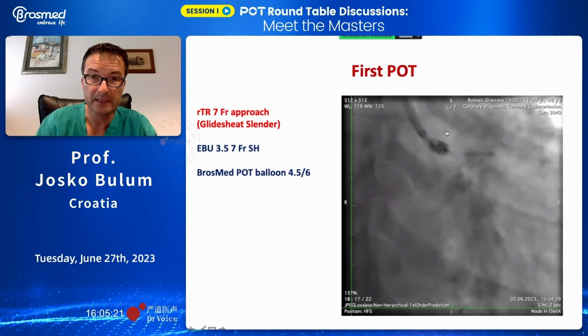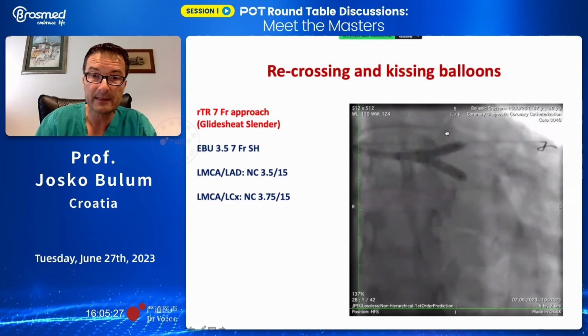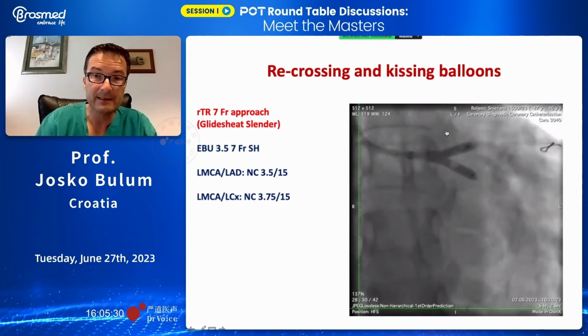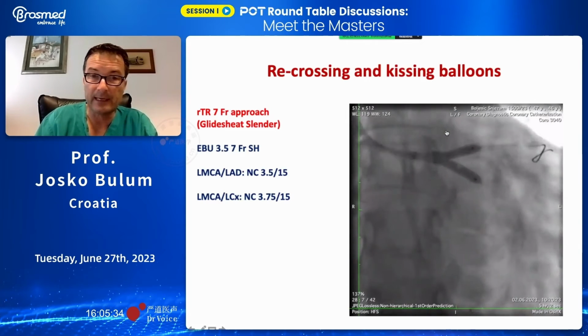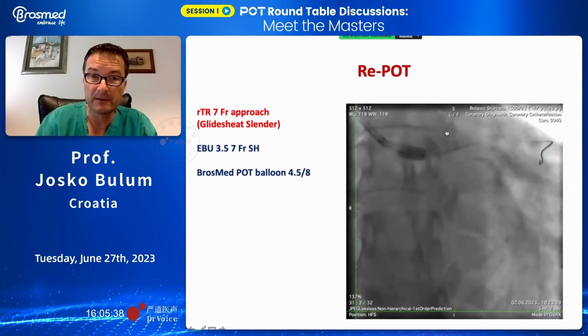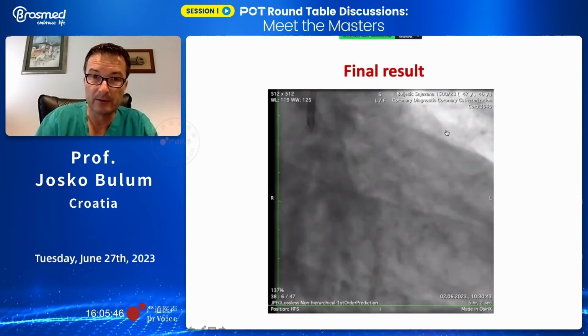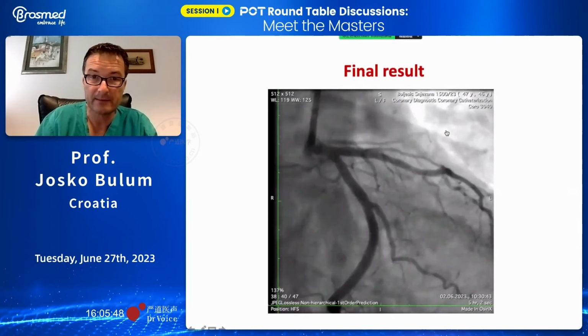After that, we did the first POT with a BrosMed 4.5/6 balloon, recrossing, kissing technique, 3.5 NC into the circumflex and 3.5 NC into the LAD according to IVUS findings. And we finished with the final POT using a little bit shorter 4.5/8 balloon. And as you can see here, we were able to obtain really optimal results.